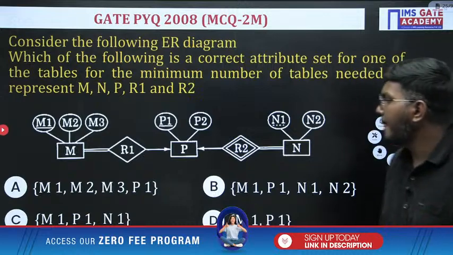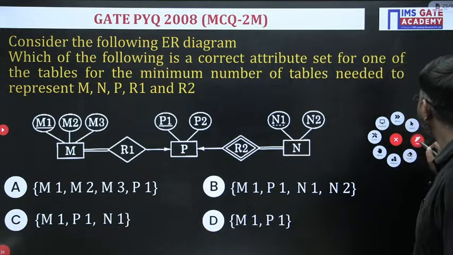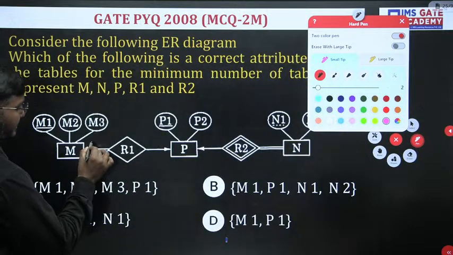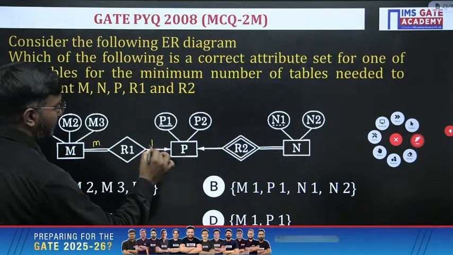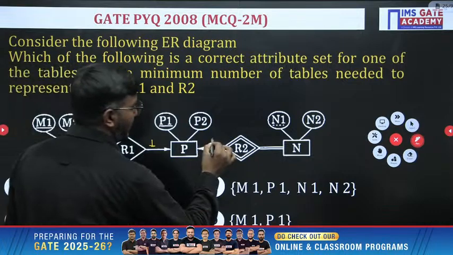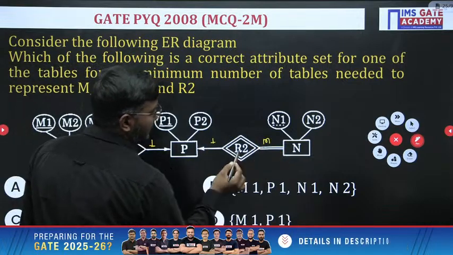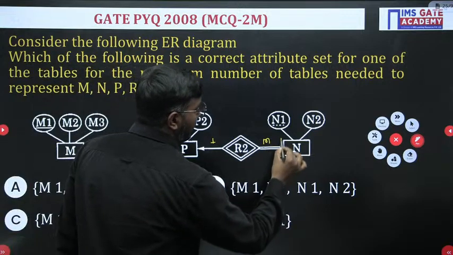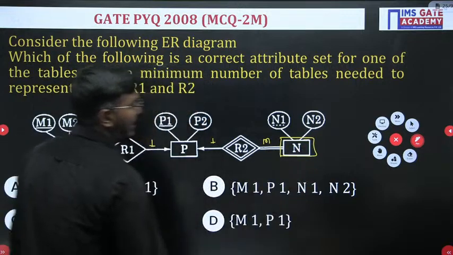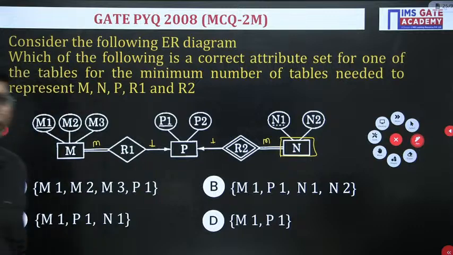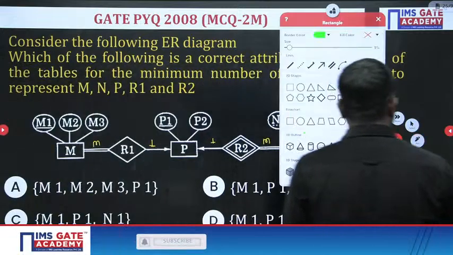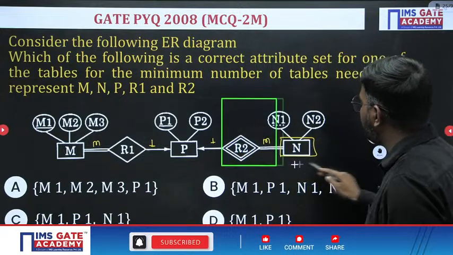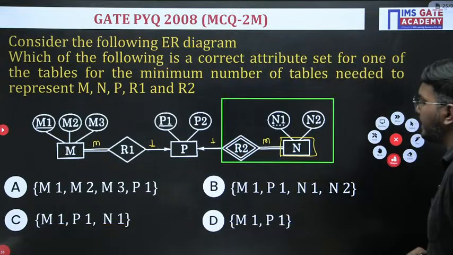Again see, tell me what mapping is here. This is many, this is one. Similarly here this is one, this is many, but this is a weak relationship set, and because of this it will be a weak entity set. So the minimum tables: this R2 will be merged towards the n side or weak entity side.